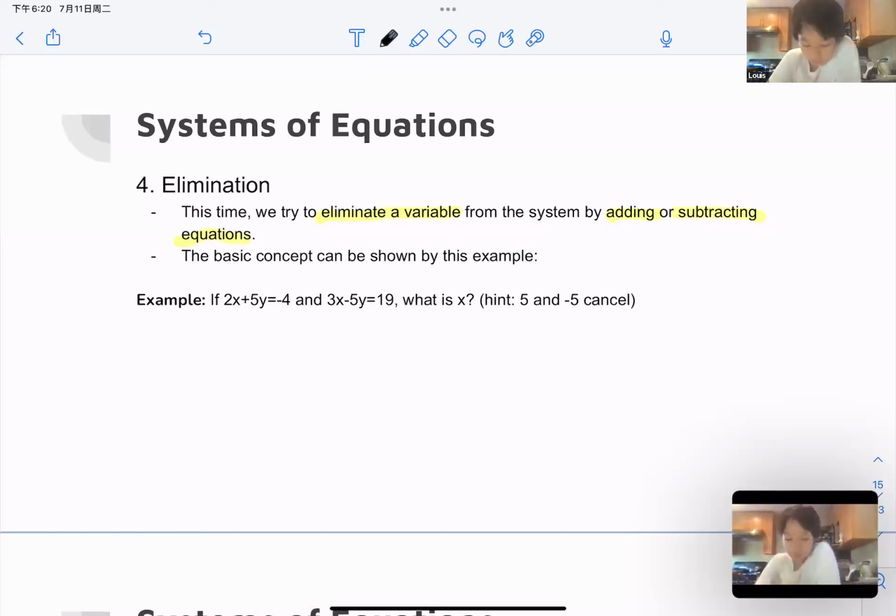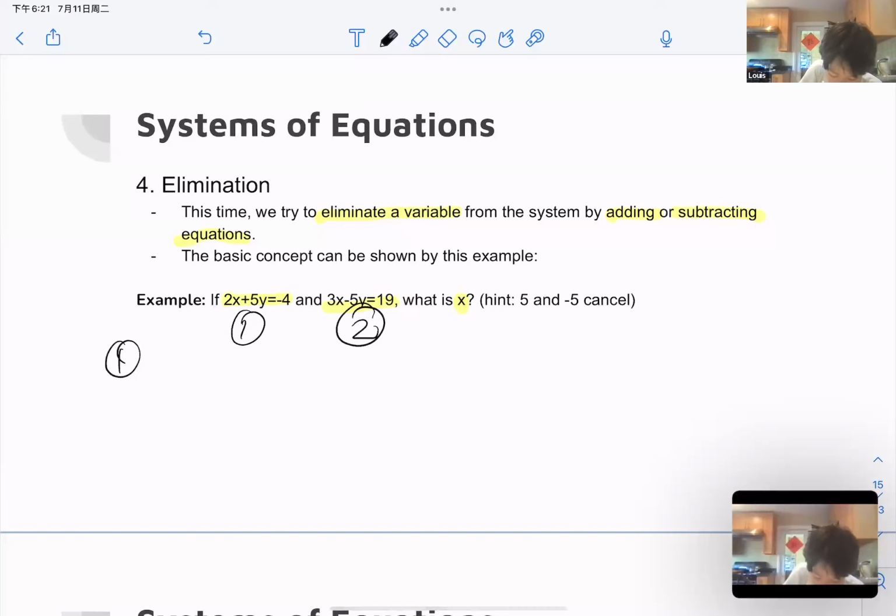Okay, I'll go over this problem now. So if 2x plus 5y equals -4 and 3x minus 5y equals 19, we're asked to find x. Suppose this is equation 1, this is equation 2. Suppose we add equation 1 and equation 2.